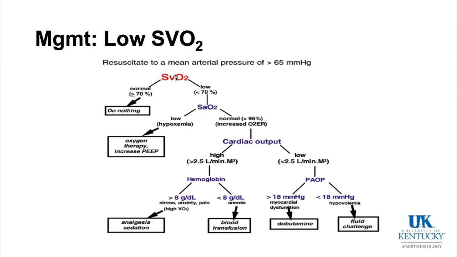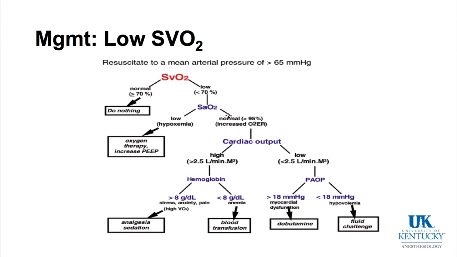In the case where your SvO2 is less than 70%, and the problem is your lungs just aren't good and you're not oxygenating your blood very well, for example, your SaO2 is less than 95%, your saturation is 90% on your pulse oximeter, add oxygen, increase your FiO2, for example, increase the PEEP to try to optimize that portion of our oxygenation.